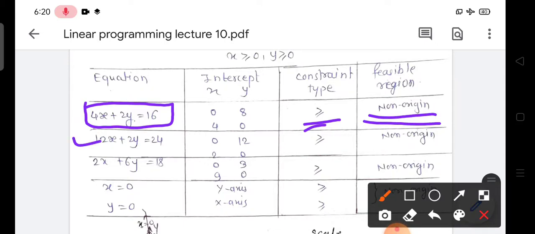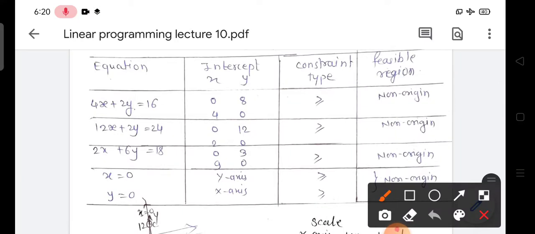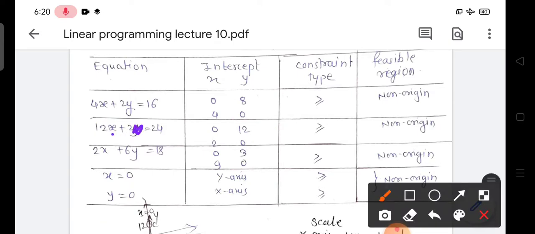Similarly for the second equation, 12x plus 2y equals 24. When the x coordinate is 0, the y coordinate is 24 upon 2, that is 12. When the y coordinate is 0, 12x equals 24, therefore x equals 2.